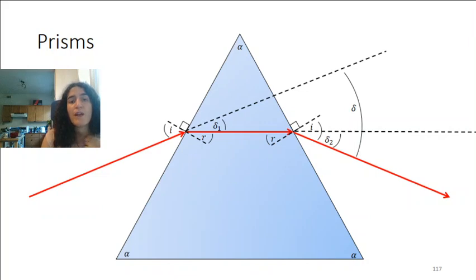We know that blue light is going to bend more than red. And so here I have blue light that bends more than red at both interfaces. So I would expect the angle of deflection of the red light to be smaller than the total angle of deflection of the blue light.